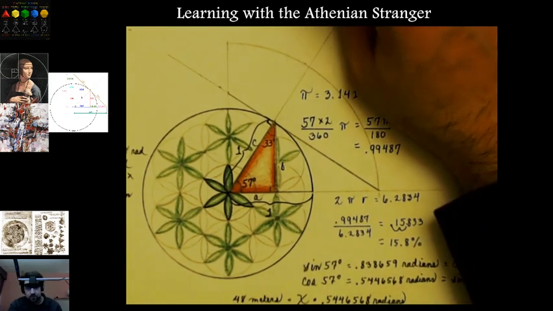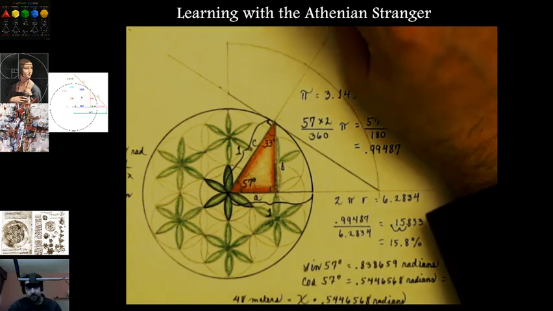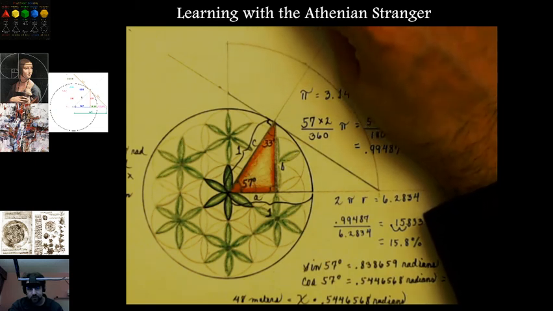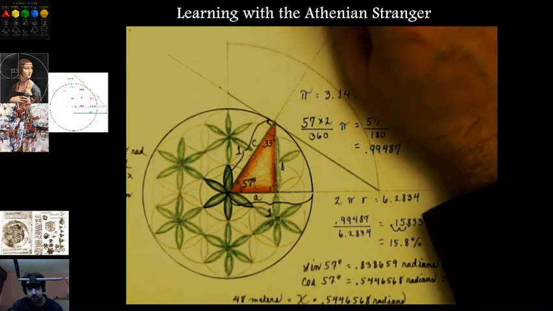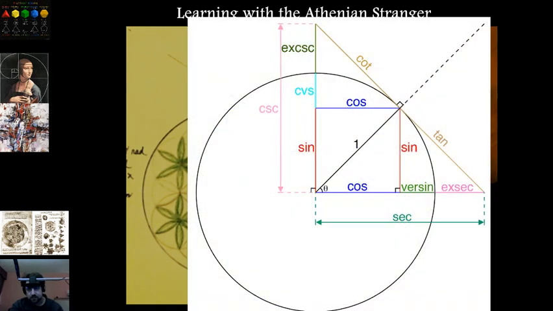I will show for you, if you want to see, a diagram that shows all of the trig functions on the unit circle. I think you're now sort of ready to see this in the Zen sense of the word. There it is. So that's what we created in our example.